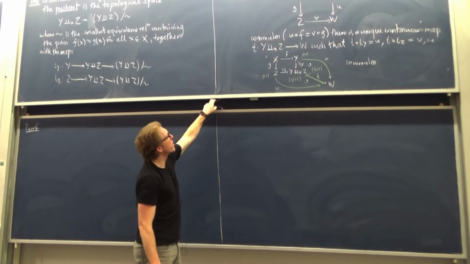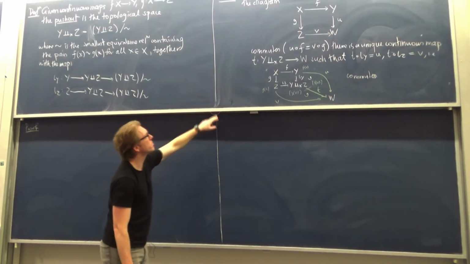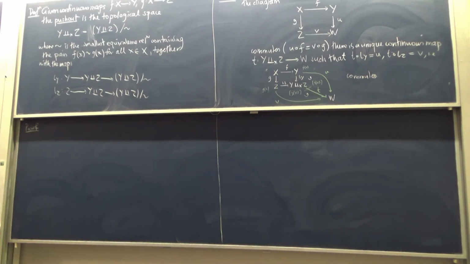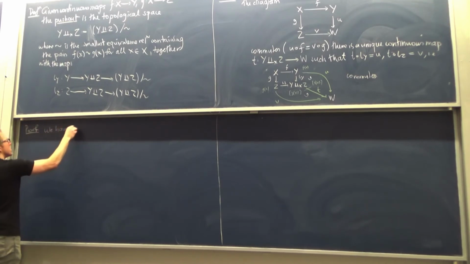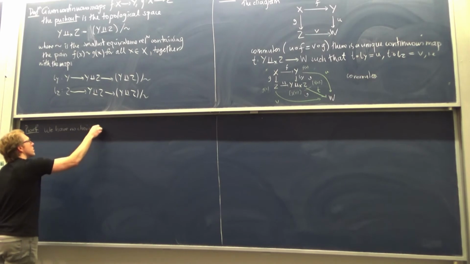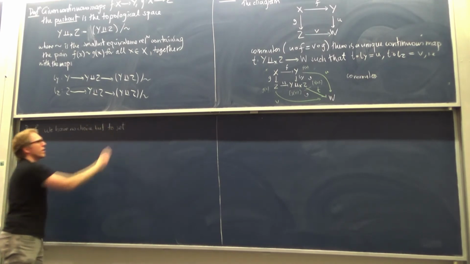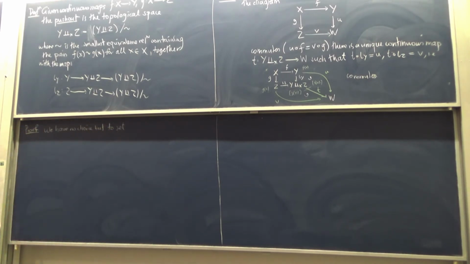So what have we got? We've got F and we've got G. We're given that commutative diagram, and I have to define T. Well, I don't have any choice about how to define T, because what's T defined on? It's defined on a set of equivalence classes of an equivalence relation on the disjoint union.